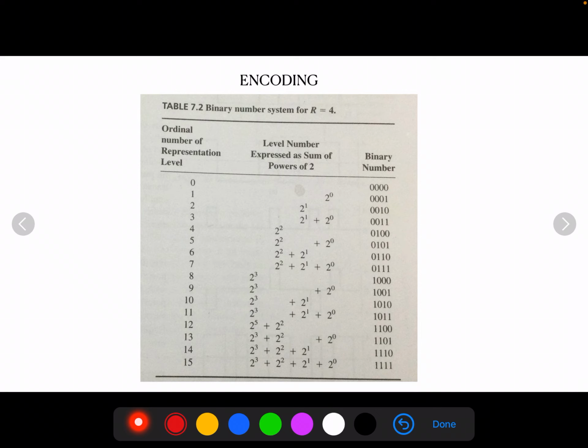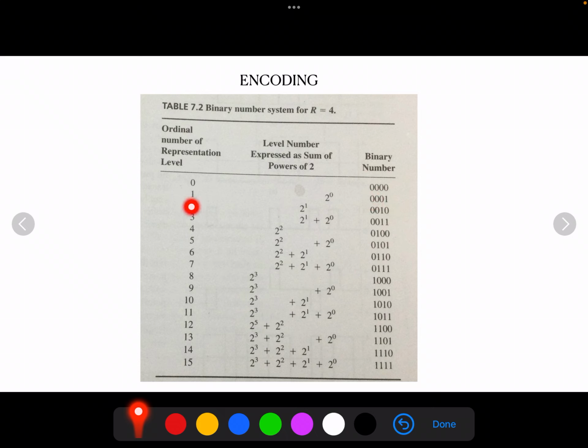In the binary number system, each digit has a place value that is a power of 2. We can observe in the table here the ordinal number of the representation level from 0 to 15, each number expressed as a sum of powers of 2. 0 is represented with no symbol here, so the binary representation is 0, 0, 0, 0.